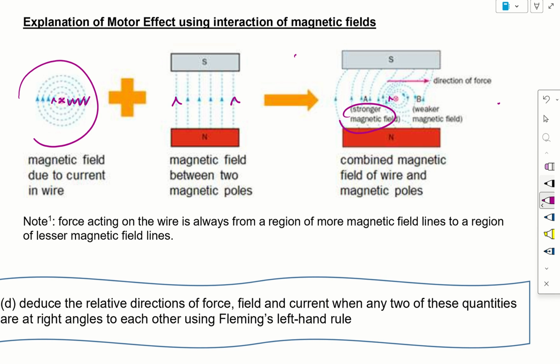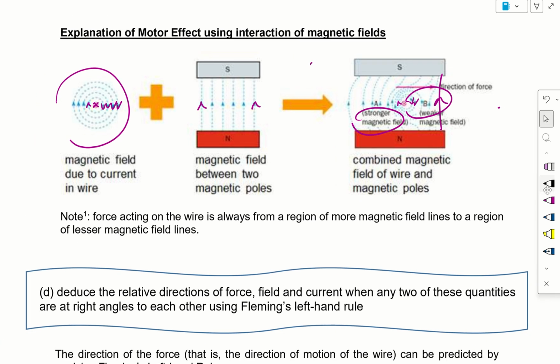On the right hand side, because it is in a clockwise direction, it is going downwards, but the external magnet's magnetic field lines are going upwards, so they will cancel each other out, so we have fewer magnetic field lines. So the force will be from more magnetic field lines to fewer magnetic field lines. Take note, the force acting on the wire is always from a region of more magnetic field lines to a region of fewer magnetic field lines.